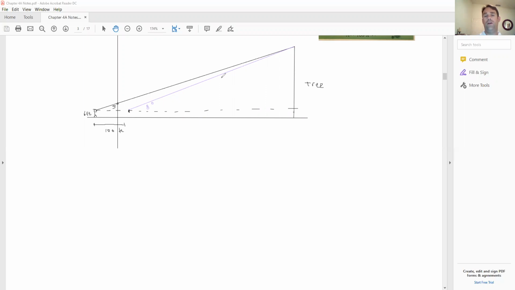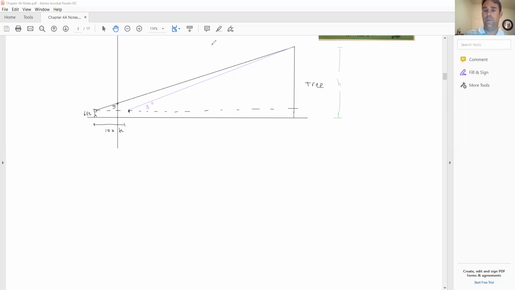What I'd like for you guys to do, if you don't mind, whether you do mind or not, doesn't matter, friends, I'd like you to figure out what is the height of the tree. Using right triangles, see if you can go and figure it out.